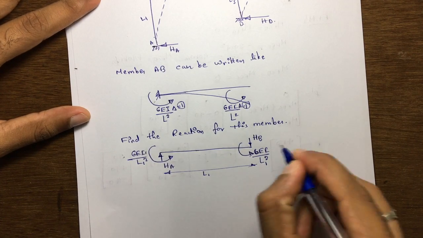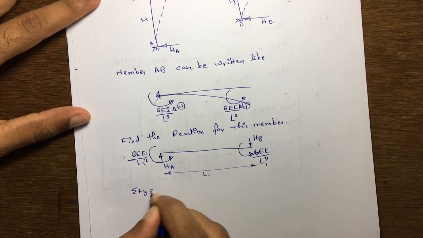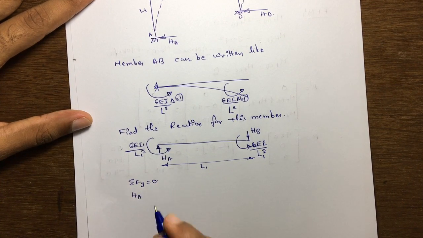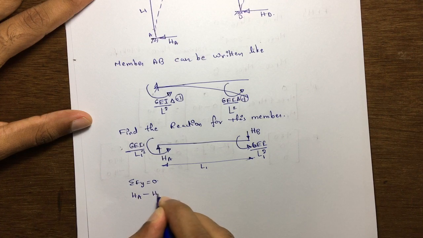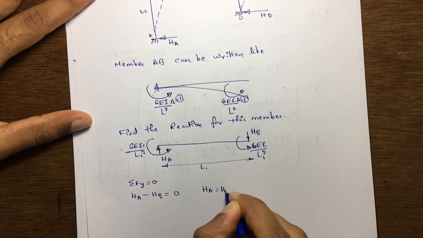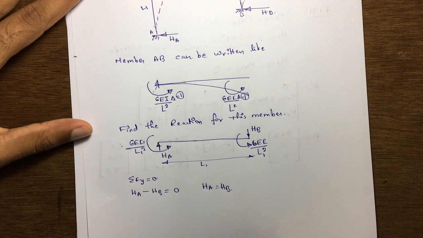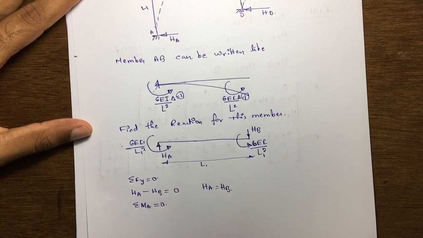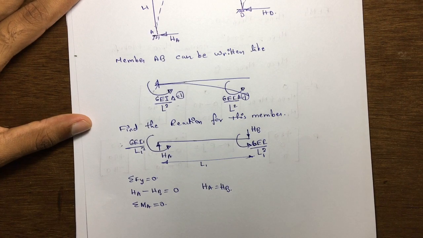So if I take sigma Fy equal to 0, HA minus HB is equal to 0, therefore HA is equal to HB. Our aim is to find the support reaction, so I will take sigma MA equal to 0.